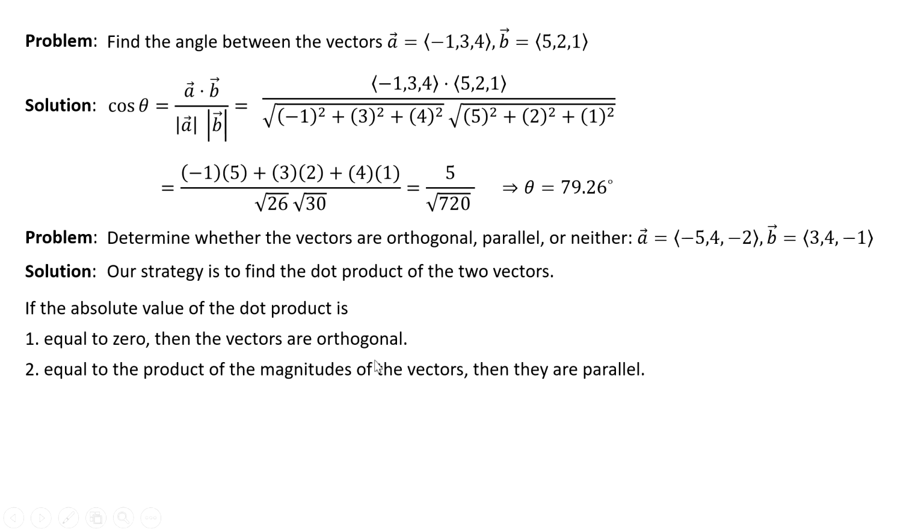Or if you take 2i and negative 3i, then their dot product is negative 6, and you take the absolute value of the dot product, you get 6. And that's the same as the product of the magnitudes. The magnitude of 2i is 2, the magnitude of negative 3i is 3, and so 2 times 3 is 6.